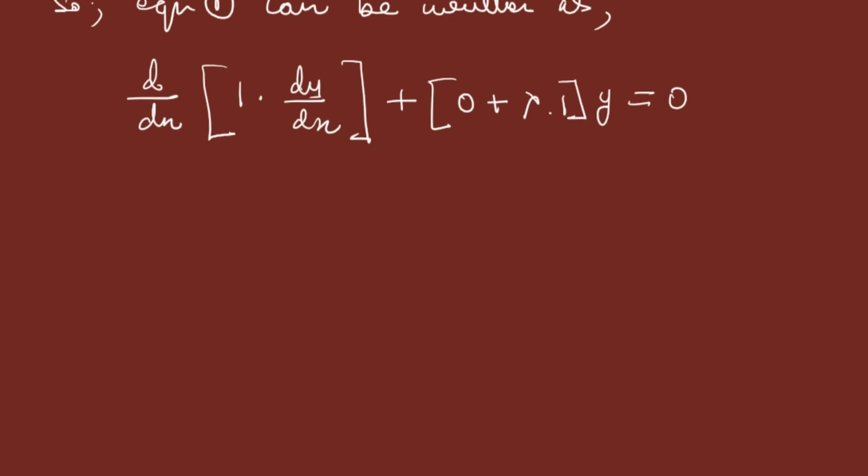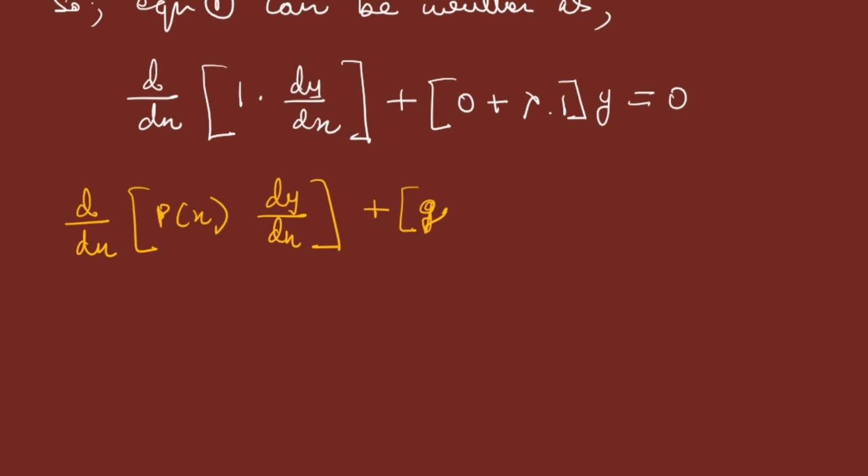Now when we have done this, if we recall our Sturm-Liouville problems, what was given to us was d/dx of (p(x) dy/dx) plus (q(x) plus lambda r(x)) y equals 0.